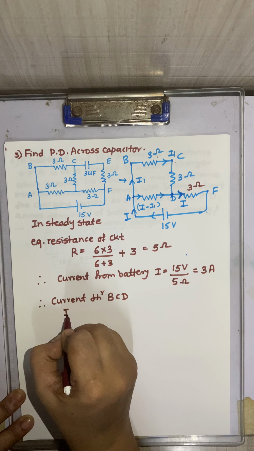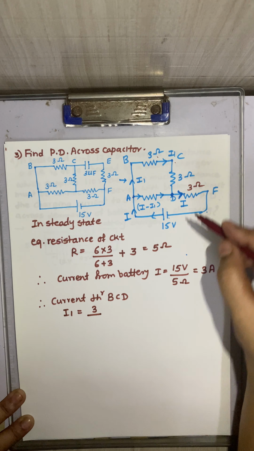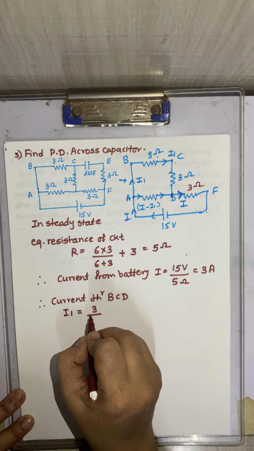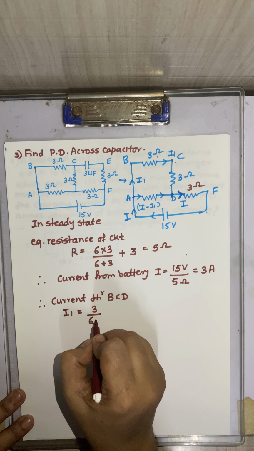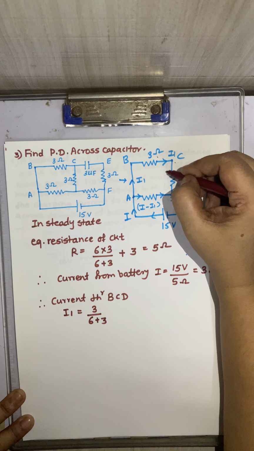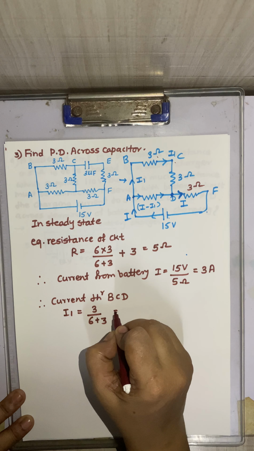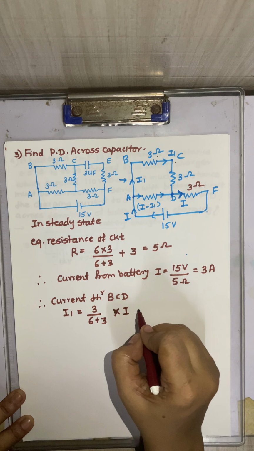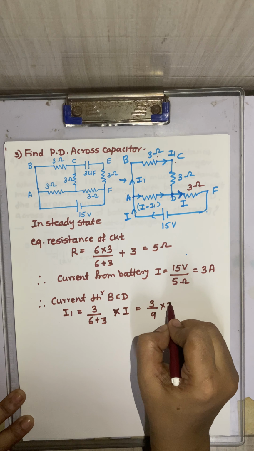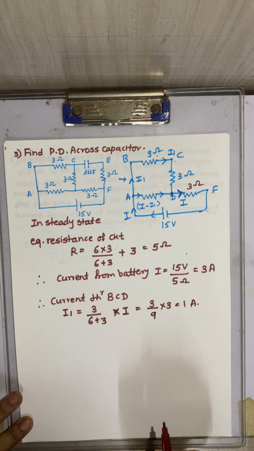Therefore I1 is equal to 3, because the voltage divided by, 6 plus 3, this is the resistance of this 6 ohm plus 3 ohm, into I, the net current flowing through the circuit. That is 3 by 9 into 3. So it is 1 ampere current flowing through this branch.